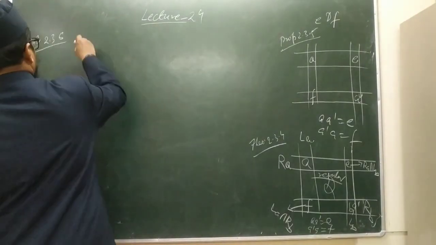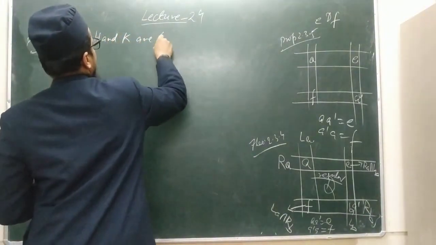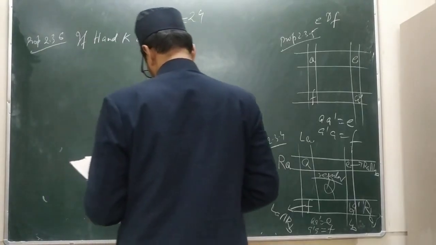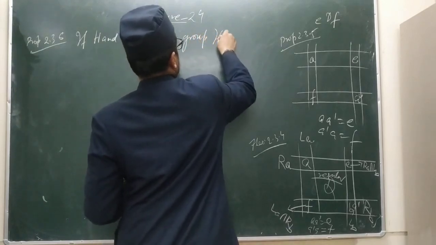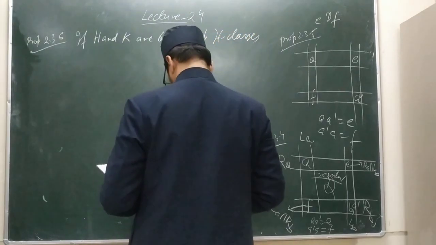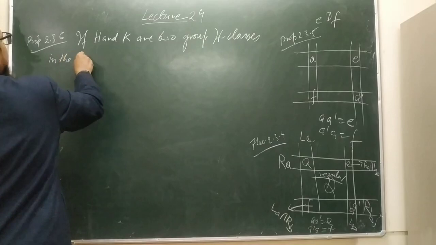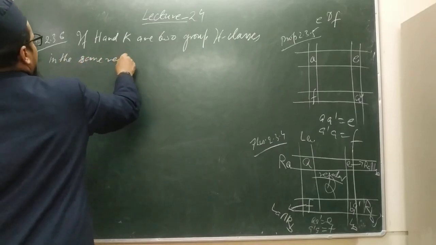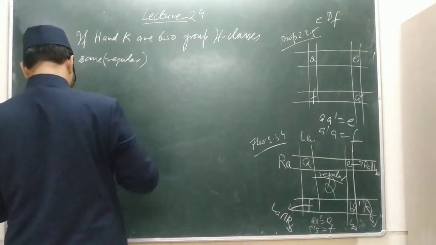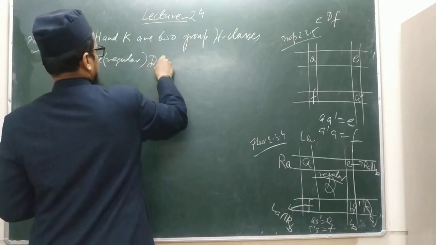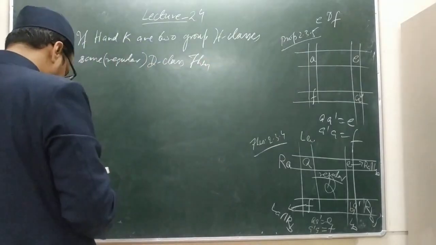If H and K are two group H classes in the same regular D class, then H and K are isomorphic.